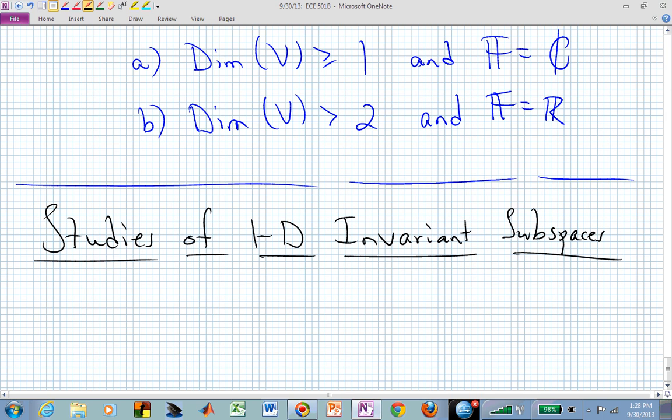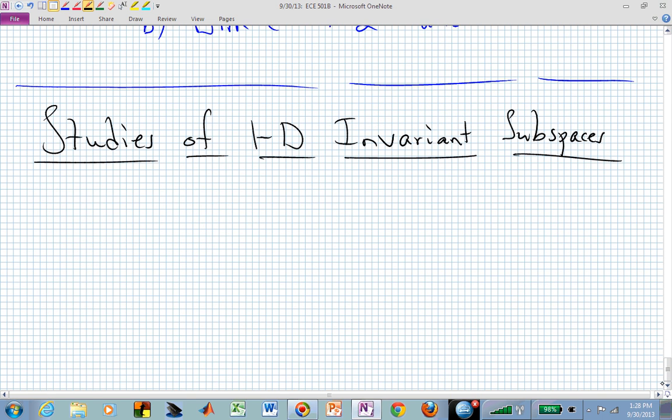We've seen that we can create one-dimensional vectors that are invariant subspaces. Let's now study that particular idea, and the reason we want to do that is because this actually is the simplest kind of invariant subspace that is interesting to study.